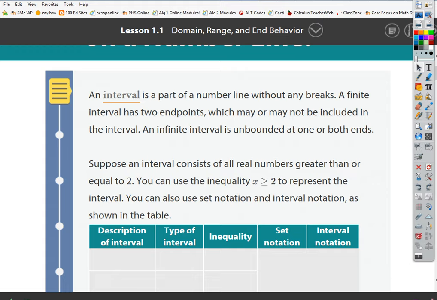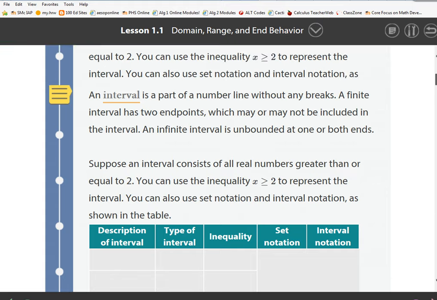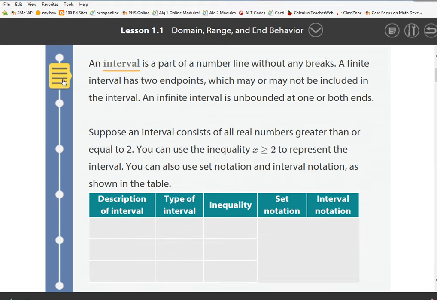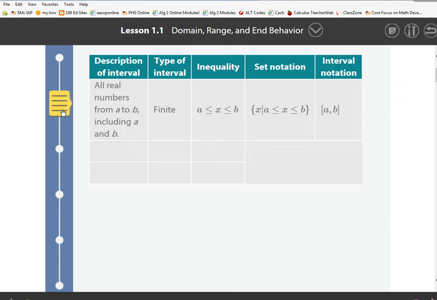All right, so let's look at a couple different types of notation here. If we're talking about a description of an interval where it's going to go from the number A to the number B, and it's including both of those, then one way that we are probably pretty comfortable with writing that is like this, as an inequality, right?